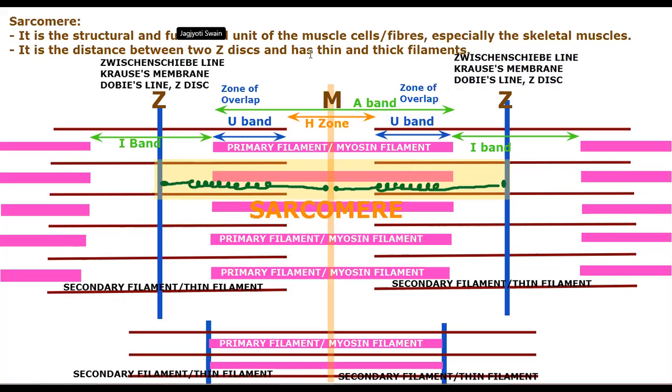Now, what is this? So this is called midline. Okay, middle Schiebe line or M line. Okay, or simply we can also call it the middle line. Fine. So H zone is also called Hansen's zone.